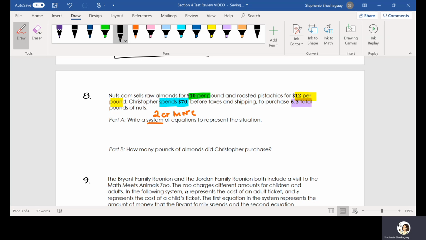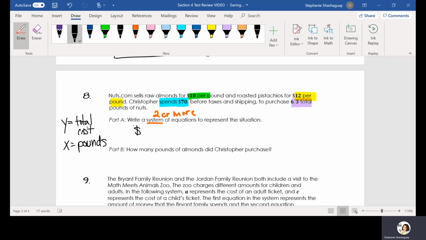So we need to identify our unknowns. We're going to have our X and our Y, right? Y is going to equal the total cost. And my X is going to equal the pounds. Okay. I'll write that out for you. X is equal to pounds. And when we do that, we're going to have, so sells raw almonds for $10 per pound.